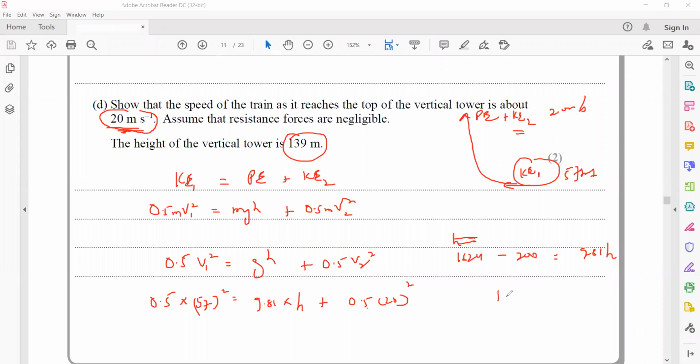Or you can solve the other way around. It will be the same, because when we get the height, we should get about 139. So h is approximately 145 meters. When you calculate the percentage difference, it's less than 10, so you can assume it.